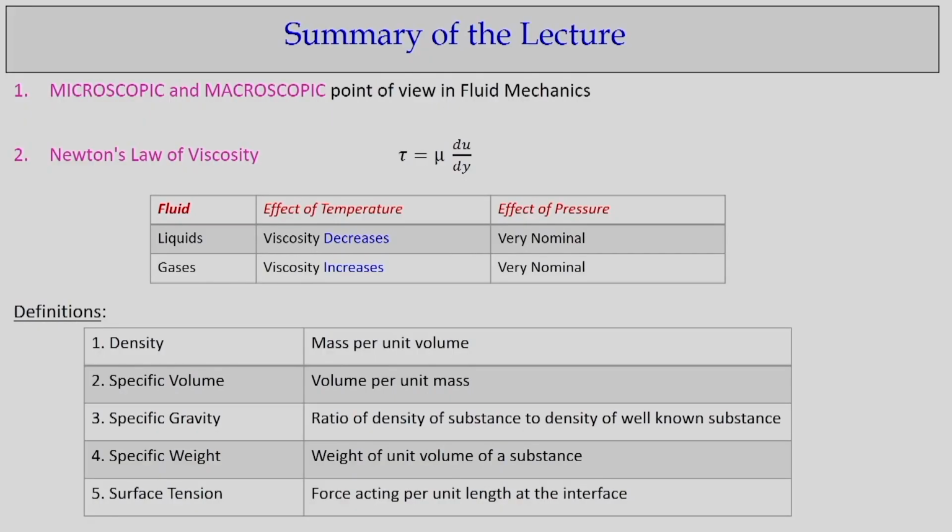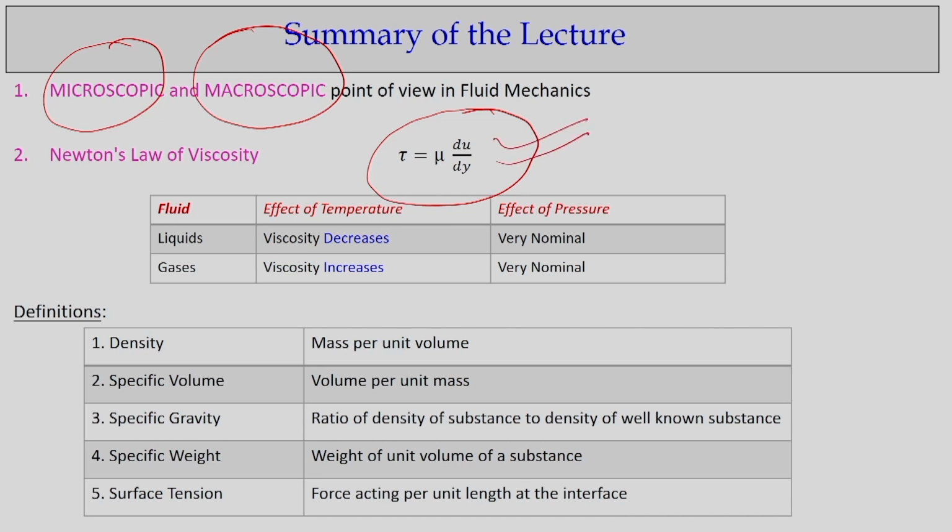With this, let me conclude this lecture 2 with a summary. The very basic equation that we derived today is called Newton's law of viscosity. We looked at it from the microscopic and macroscopic points of view, the molecular motion point of view, or the deformation of the fluid element, to define the shear stress as proportional to the velocity gradient or shear strain rate.